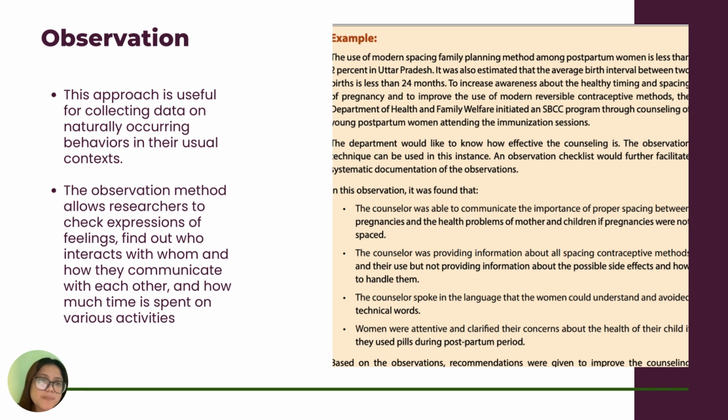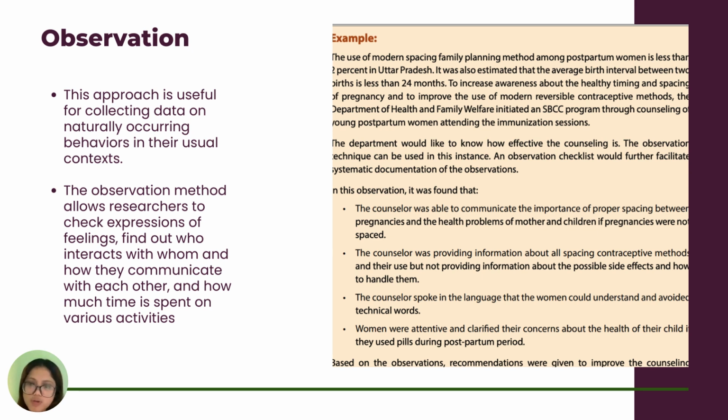The observation method allows researchers to check expressions of feelings, find out who interacts with whom and how they communicate with each other, and how much time is spent on various activities. There's an example on the slide of an SBCC program that used the observation method.